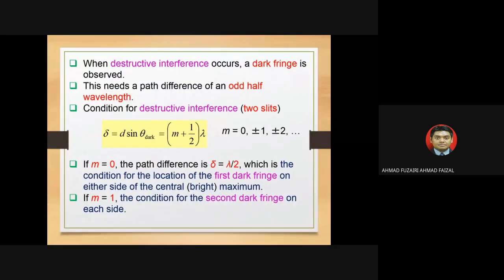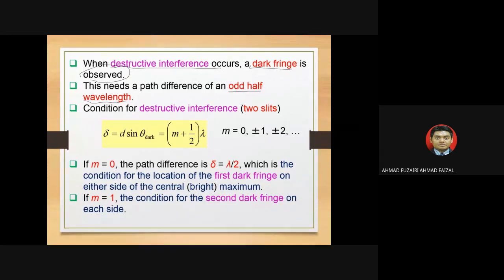When delta is an odd multiple of half lambda, the two waves arriving at point P are 180 degrees out of phase, giving rise to destructive interference, meaning that a dark fringe is observed. This needs a path difference of an odd half wavelength.